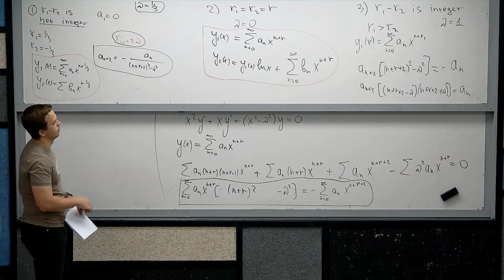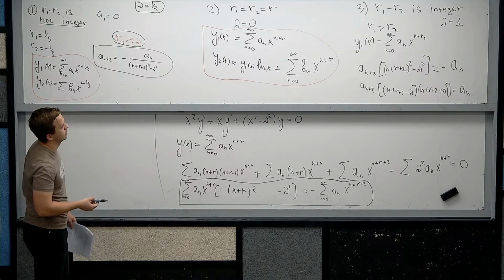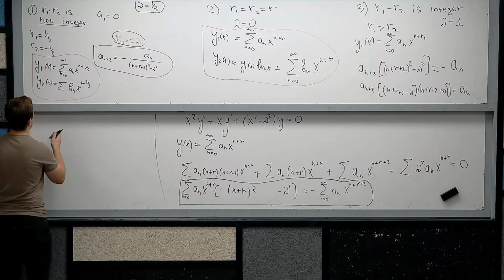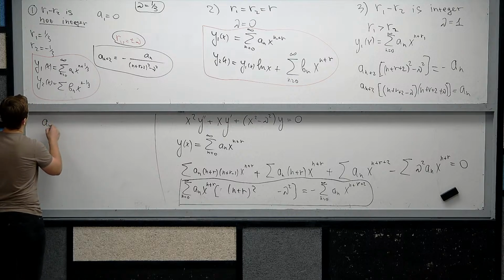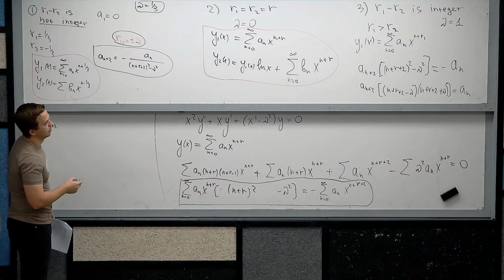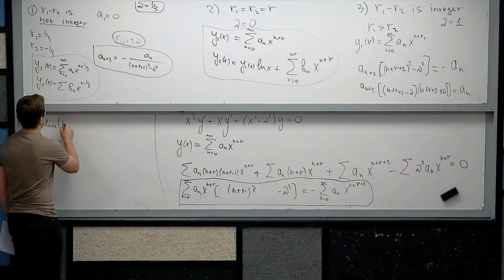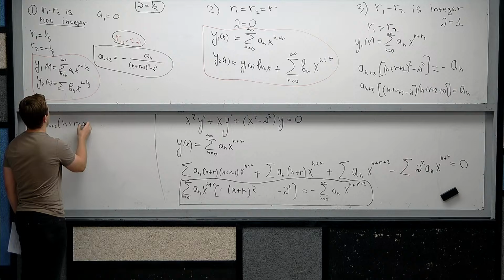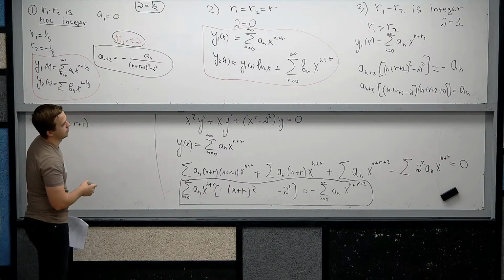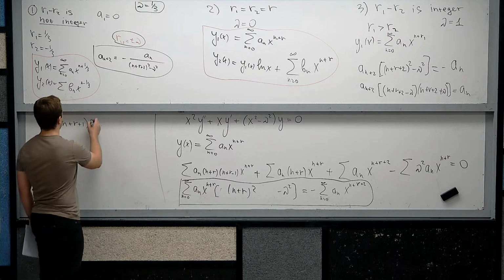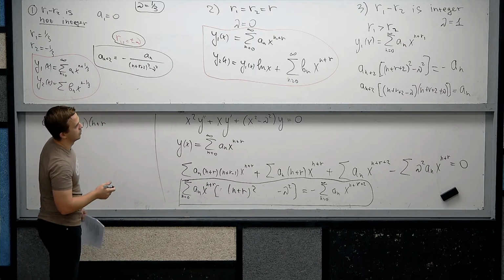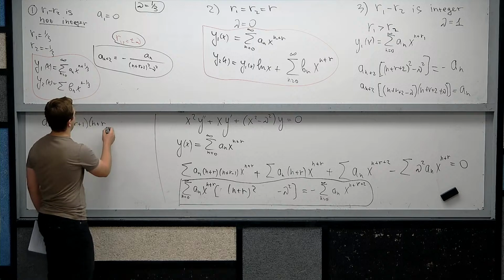Okay, let's now plug mu equal 1 into the equation. a(n+2) times (n plus r plus 1) for the first factor, and (n plus r plus 3).